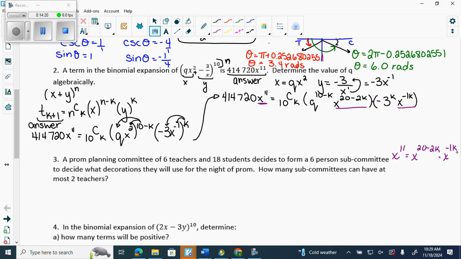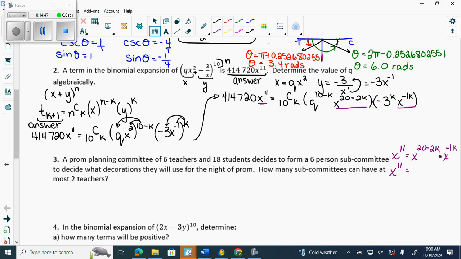Okay. On the left-hand side, I have an x to the 11. It's going to stay x to the 11. There's nothing I can do over there. On the right-hand side, I have two bases that are the same with two exponents. What do I do when I have the same base, two exponents, and I multiply? What do you do with those exponents?